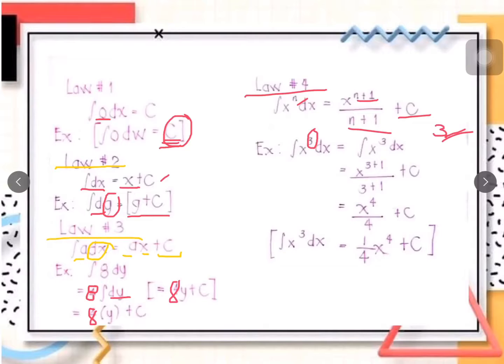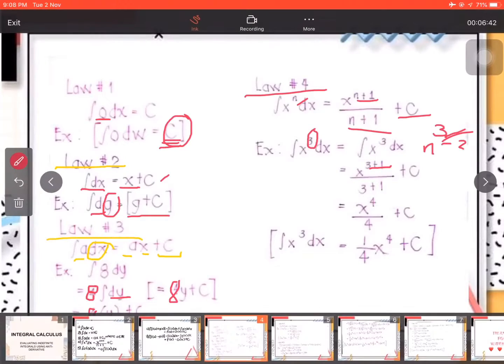So, if we integrate x to the third dx, using law number 4, x raised to the third plus 1, because our n is equal to 3, over 3 plus 1 in the denominator, plus our arbitrary constant c. By simplifying, we get x to the fourth over 4 plus c. So, the integral of x to the third dx is equal to 1/4, imagine a 1 here, 1/4 x to the fourth plus our arbitrary constant c.